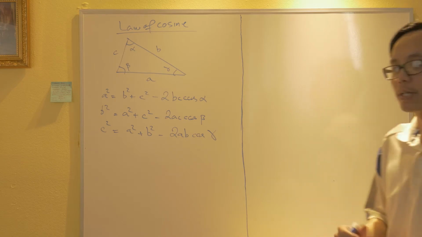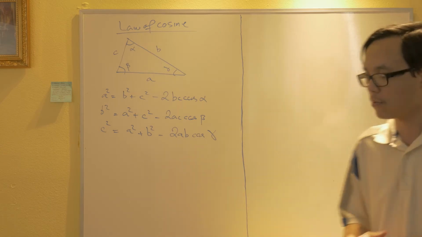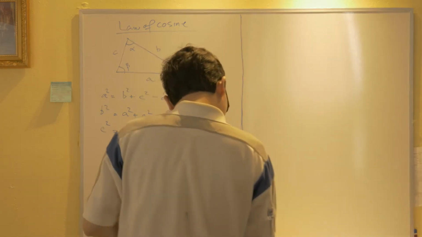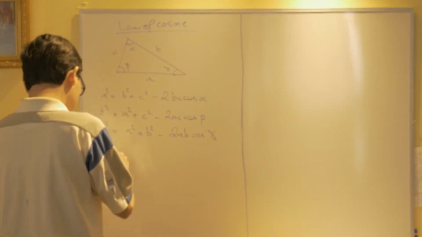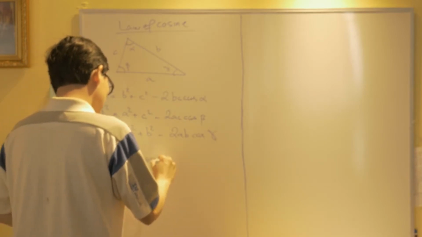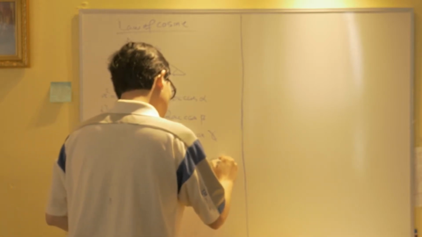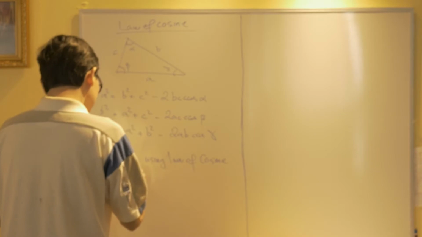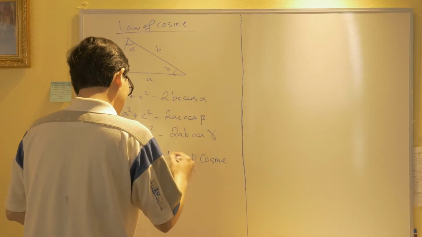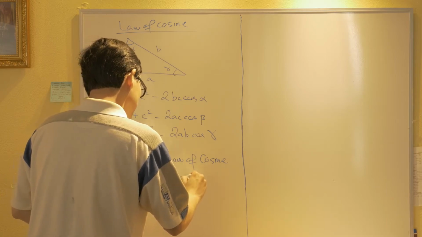If you have enough information, sometimes you can apply the law of sines right away. Sometimes you can apply the law of cosines right away. But the law of cosines is most of the time used in the side, angle, side condition, the side, angle, side case.